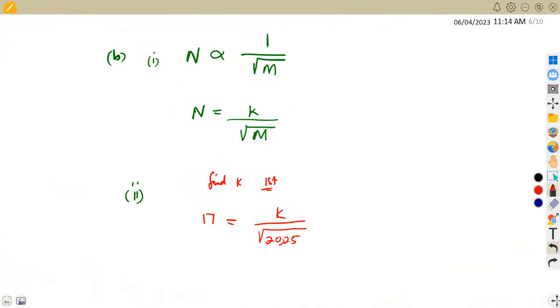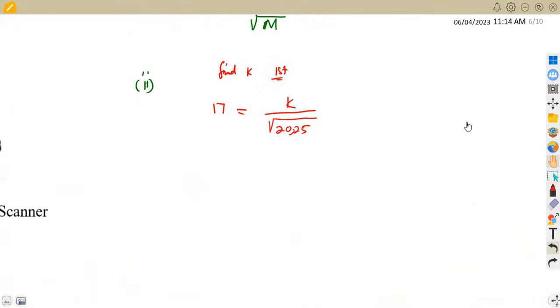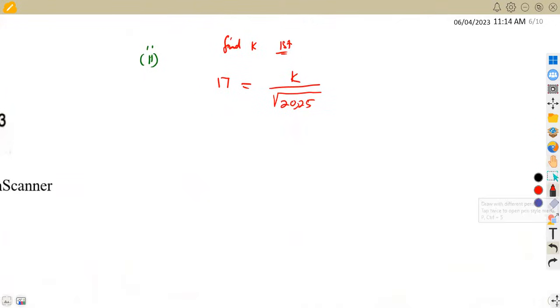So we can determine the square root of 20,25, or we can simply cross multiply in this case. So this will be 1 times K, which is K, equal to 17 times the square root of 20,25, which you can obtain directly on your calculator.